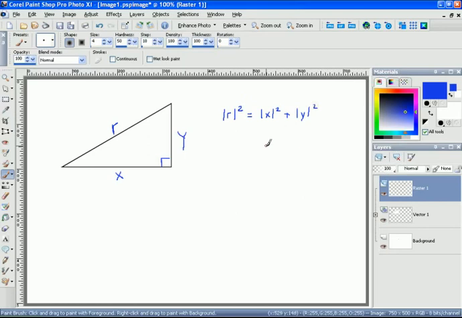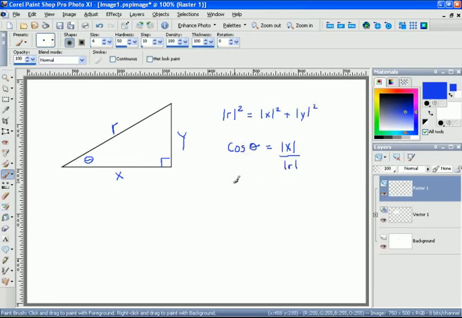We also have another relationship between the sides of the triangle and one of the angles. If we choose this angle here to work with, then we can write the following formula. The cosine of that angle is equal to the magnitude of x divided by the magnitude of r.